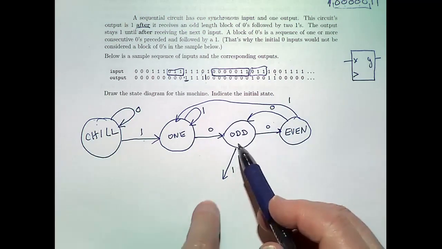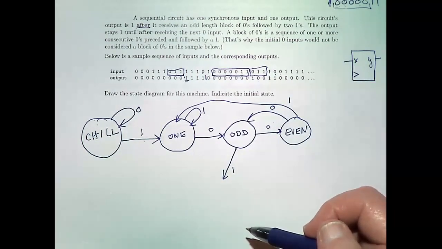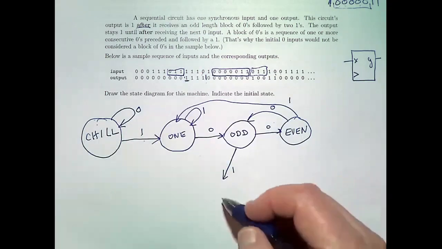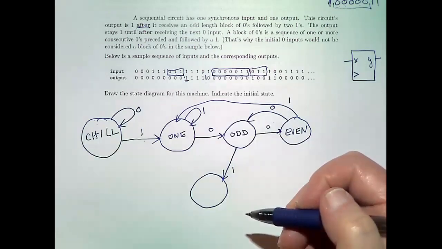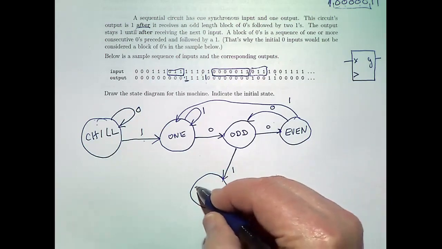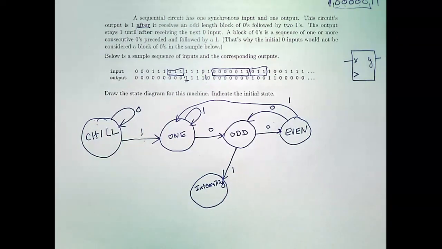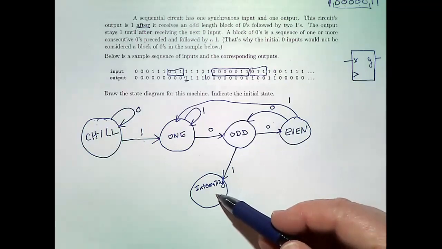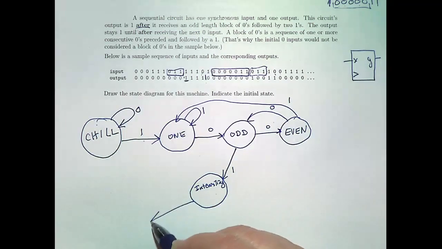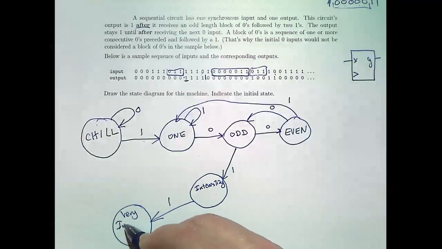But okay, if I'm in odd and I get a 1, is that interesting? Yes? So I should go to a state. I need 2 1s. So far I've only got 1 1. Okay, so if I get another 1, this is very interesting.